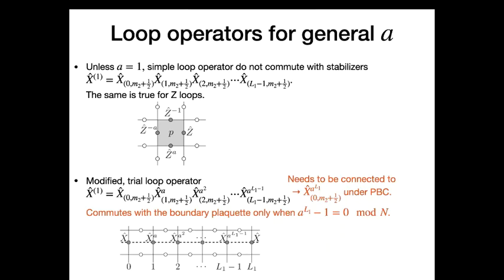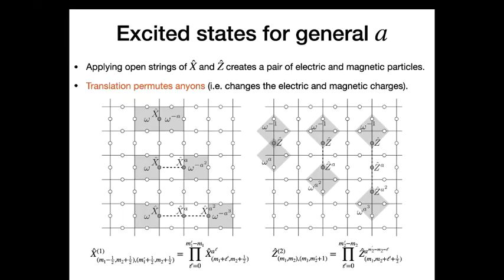This means if I want to move this anyon by 1 unit, I need to multiply not the x operator but the x to the power a operator, and the charge changes. Here this figure shows this anyon moving by 1 unit, and the charge is changed from a squared to a cubed.